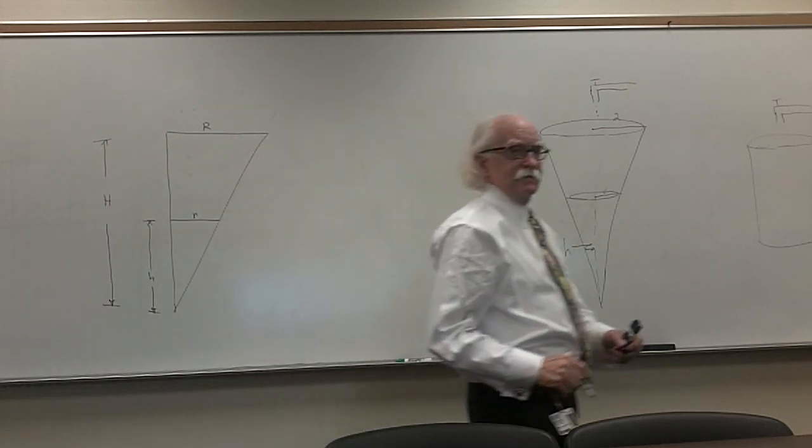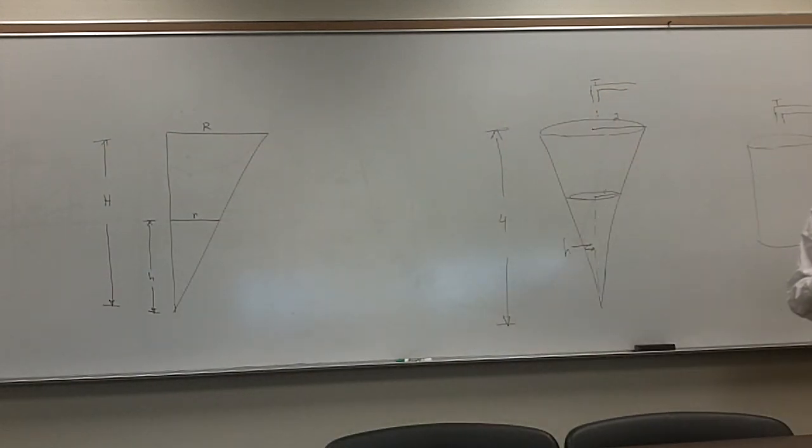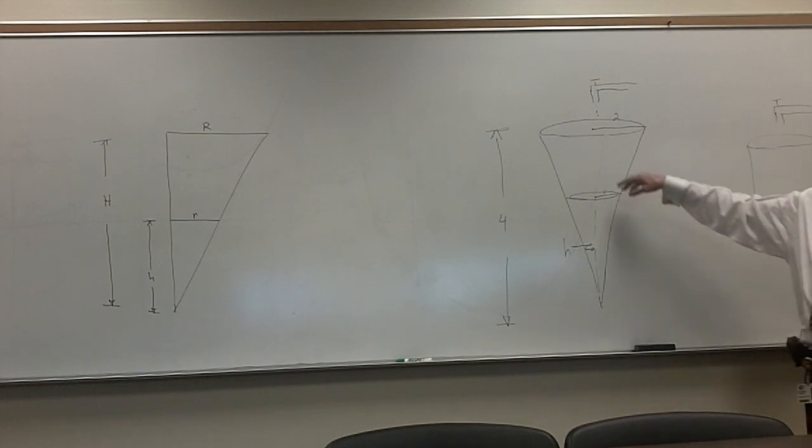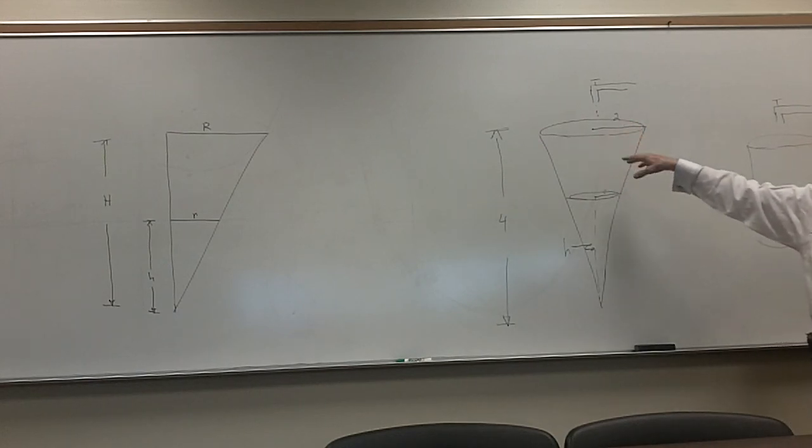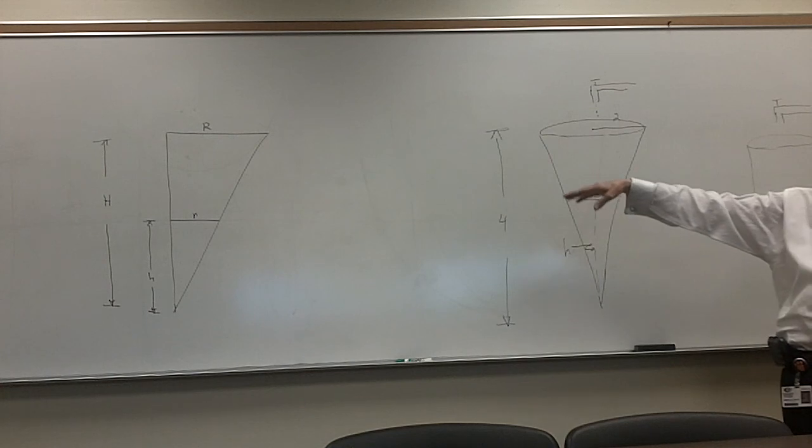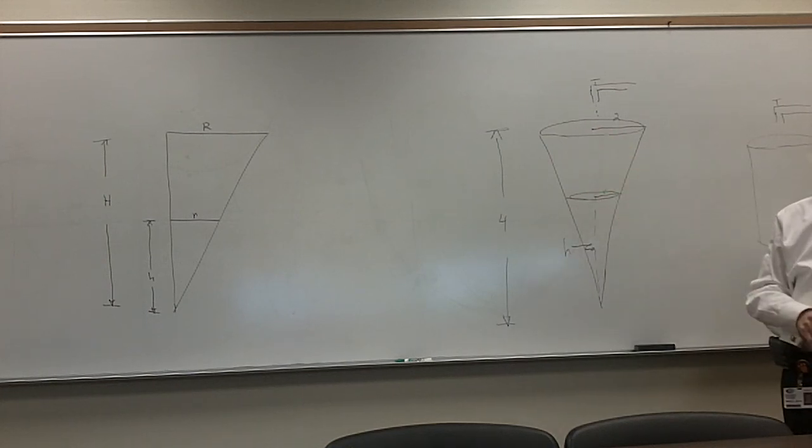Does everybody see that? That's what you should see. Even though this looks three-dimensional, if you put this out on a piece of paper, it would look like just a 90-degree right triangle.